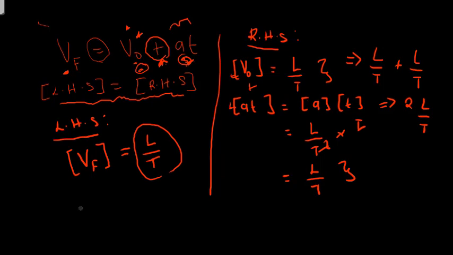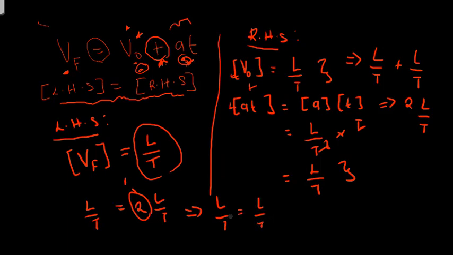In this case, we have dimensions on the left-hand side being L over T equal to dimensions on the right-hand side being 2L over T. Now, because this is a constant, a pure number, the dimensions of this will just transition to 1, meaning this simply becomes L over T is equal to L over T.